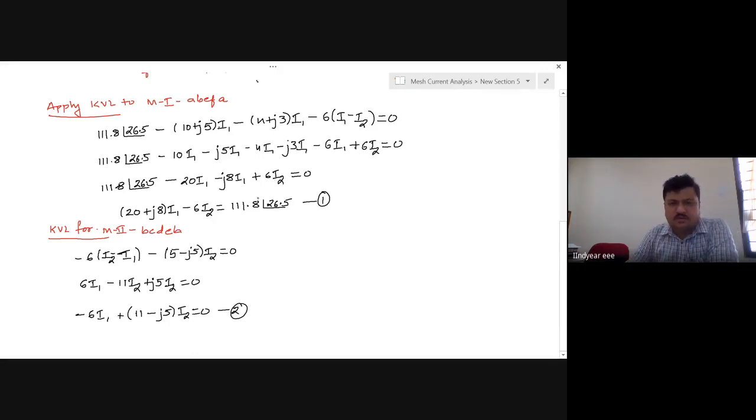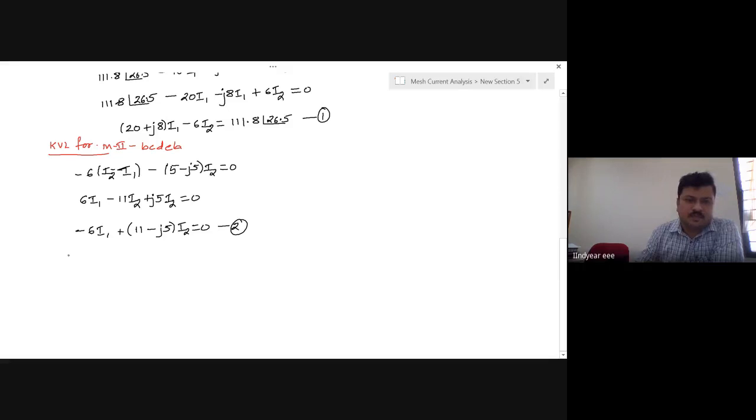Now I have to solve equation 1 and equation 2. First write the equations as they are. (20 plus j8) into I1 minus 6I2 is equal to 111.8 at an angle 26.5.